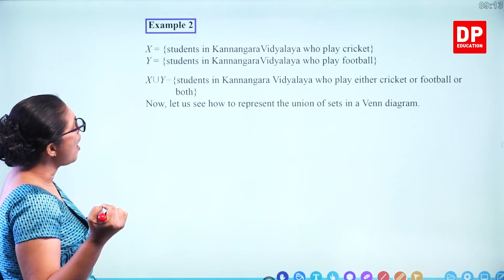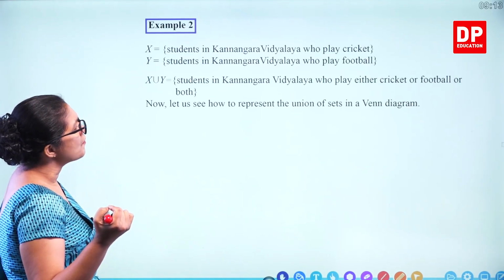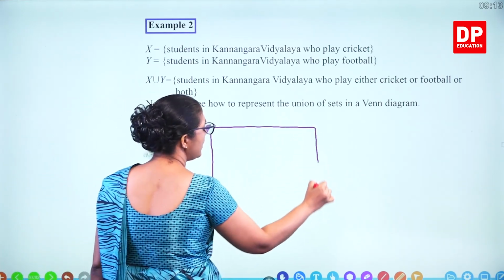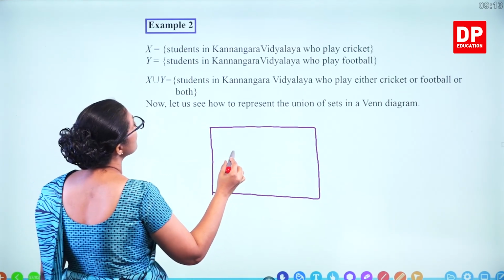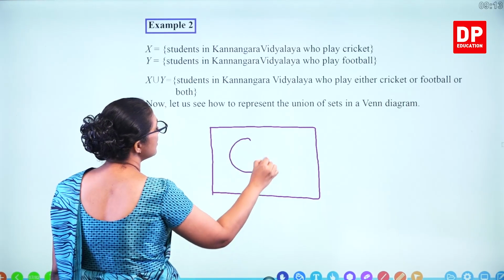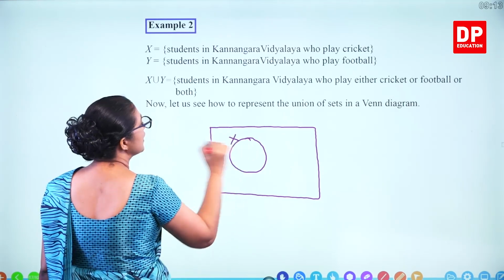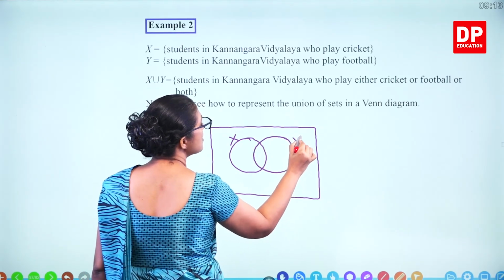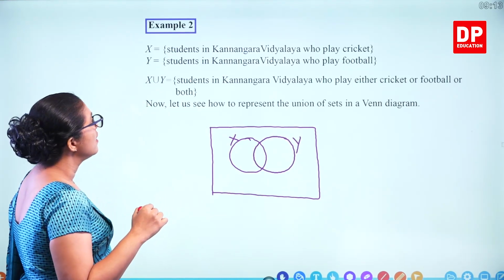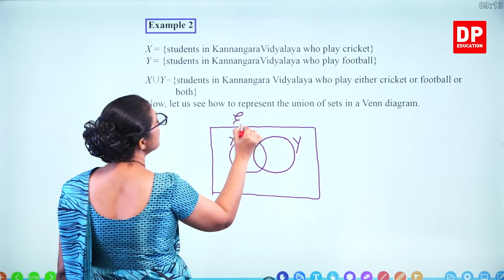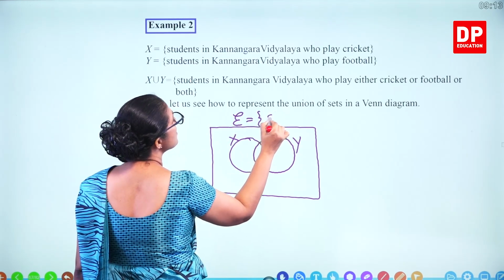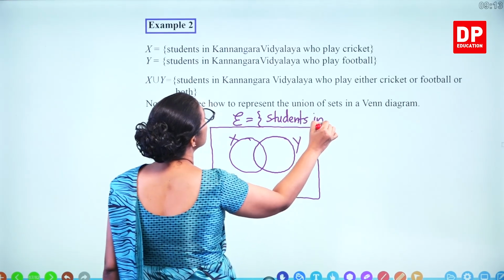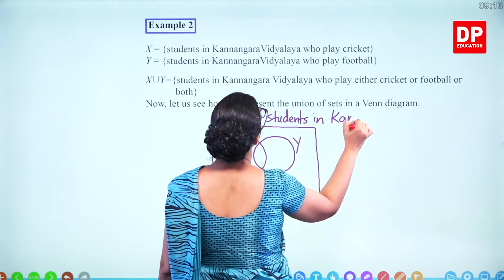Now let us see how to represent the union of sets in a Venn diagram. So here, if you are drawing a Venn diagram, this one, cricket, let's say play cricket. So here it can be both as well. This is play football. So this is epsilon, students in Kannangara Vidyalaya.